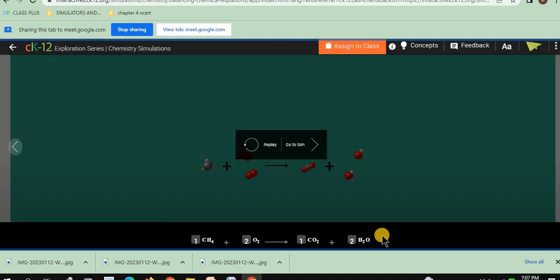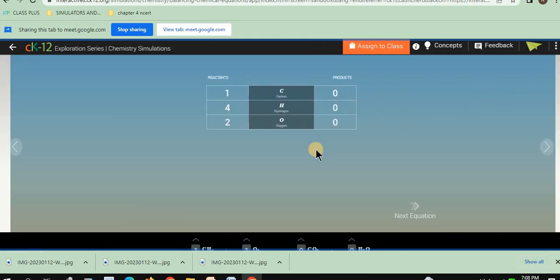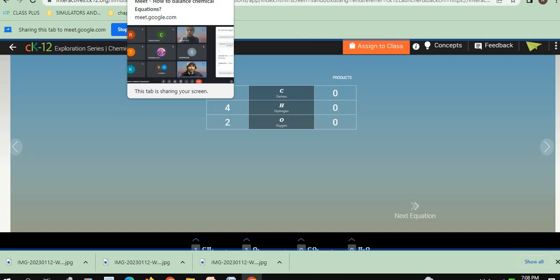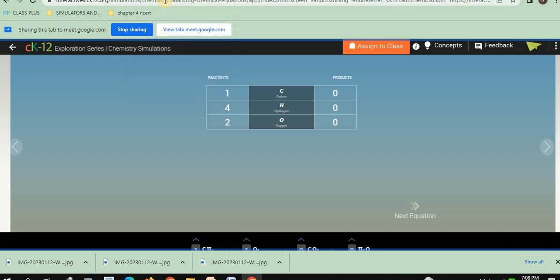My question to you is very simple now: what is the difference between an atom and a molecule? Who will tell? If you raise your hand, that would be great, and I will check it out.